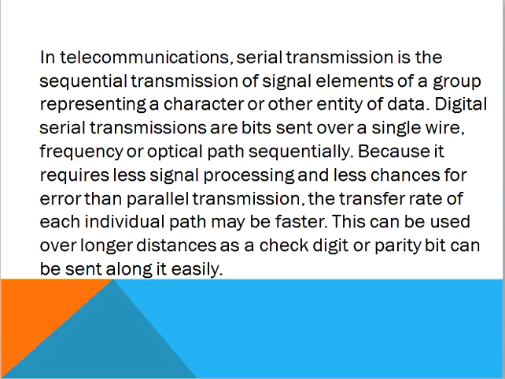The transfer rate of each individual path may be faster. This can be used over longer distances as a check digit or a parity bit can be sent along easily.